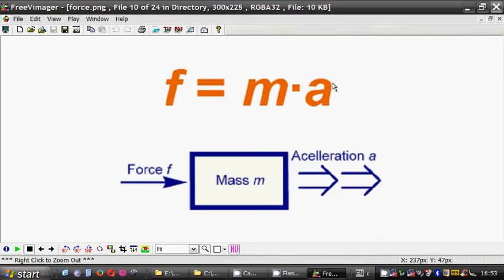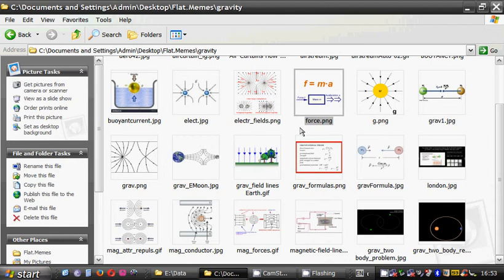Okay, this is the formula for the force. You have mass, acceleration, and force, and this force could be electric, magnetic, weak or strong force, or even atomic force, never mind, but it cannot be gravity force, because this is a common expression for the force in general. Okay, let's go to the next slide.